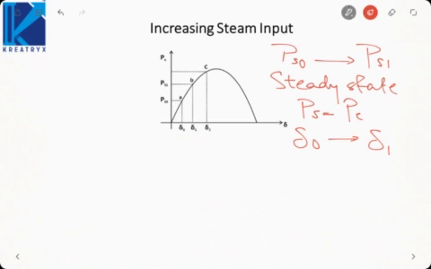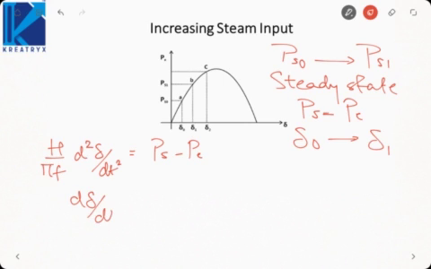When shaft input is increased to PS1, we will make use of two equations. One is the swing equation, H by pi f d square delta by dt square equals shaft input minus electrical output, and the other equation is d delta by dt equals omega minus omega s.